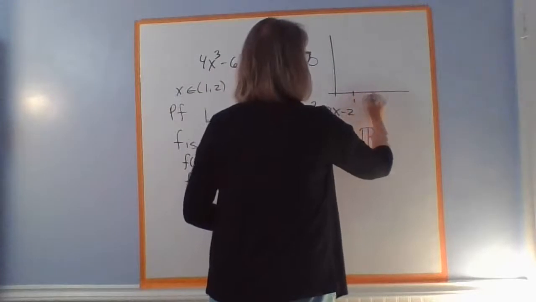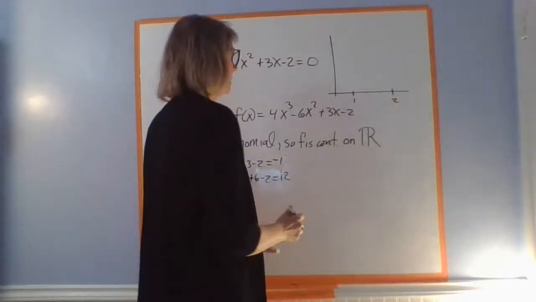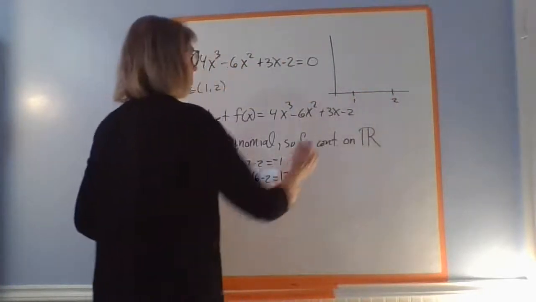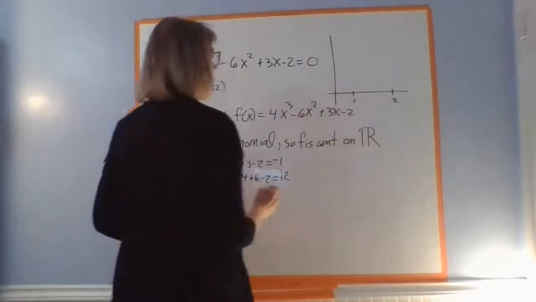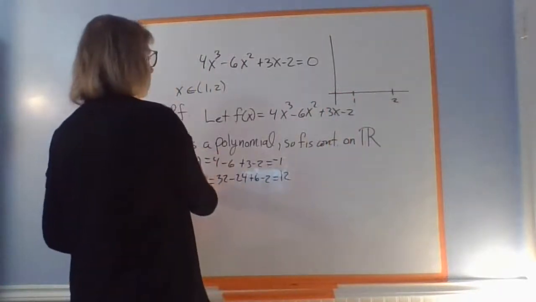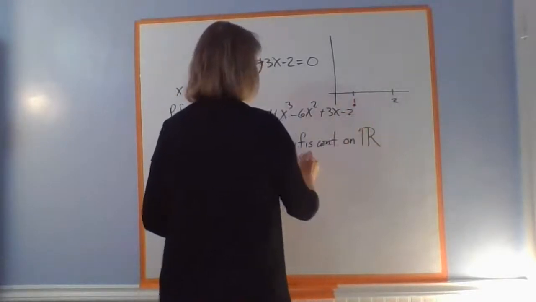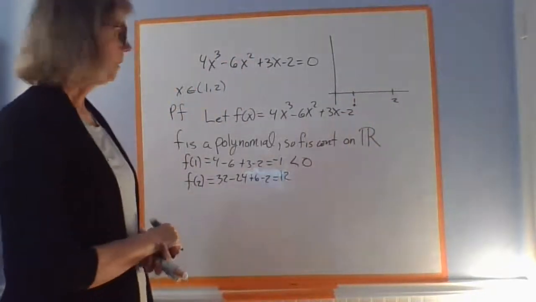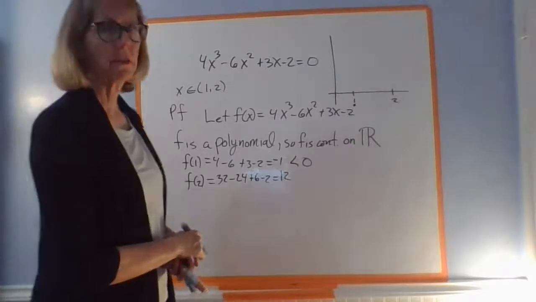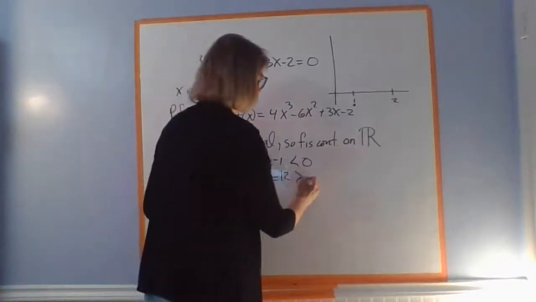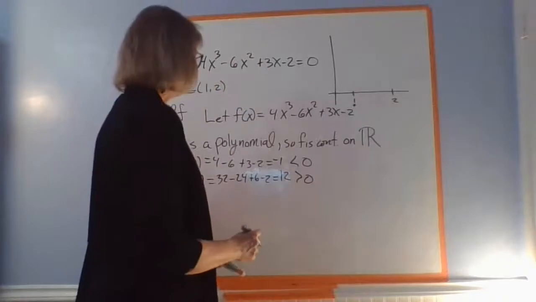We've got the interval [1, 2] on the x-axis. And when we evaluate f of 1, we get a negative value. Negative 1 is less than 0, and 12 is greater than 0, so we get a positive value.